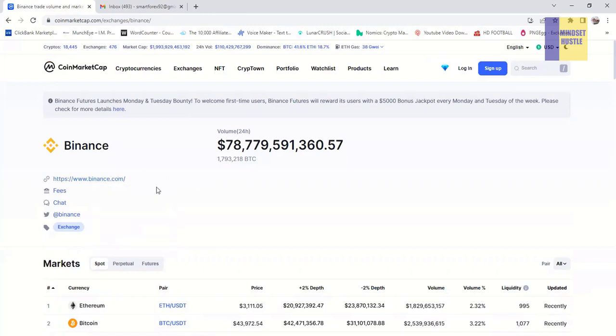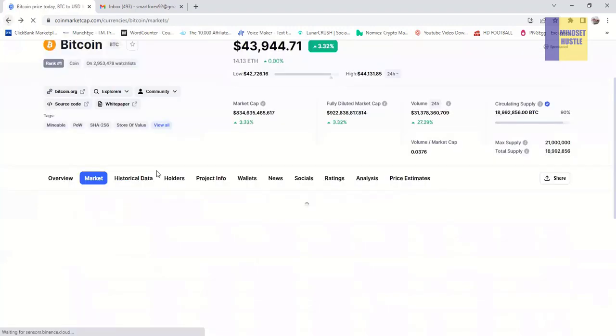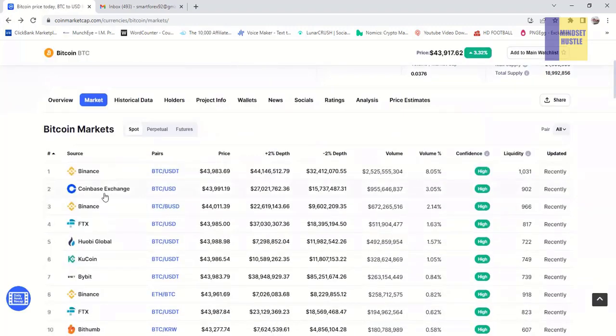But you can also choose another exchange as well. Maybe you don't like Binance, you want Coinbase. To buy from Coinbase, you just click on Coinbase, and then you can register an account.